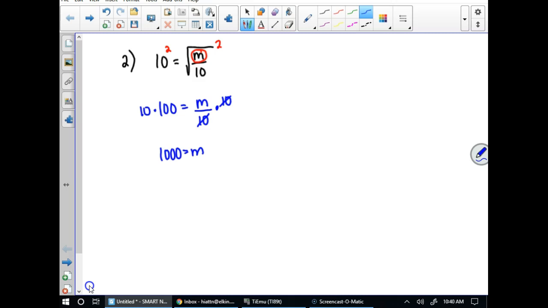On that first worksheet, I don't think you're going to have many that have this problem, but it does happen, and on the second worksheet you'll see it a lot. Whenever you square both sides of an equation, you run the risk of getting what we call an extraneous solution.